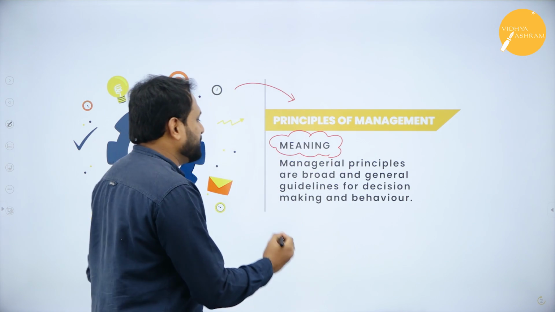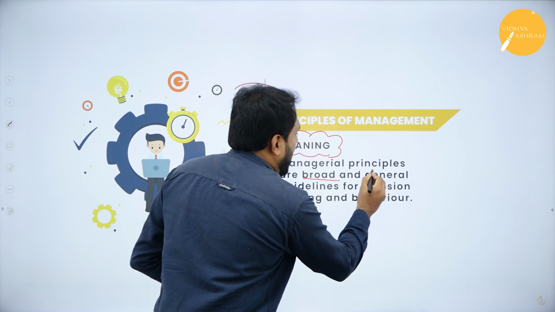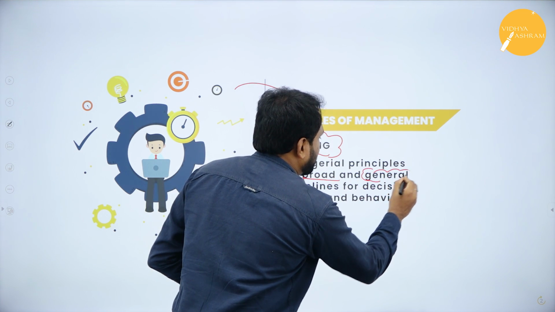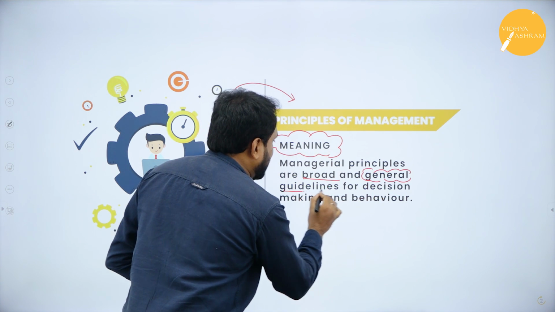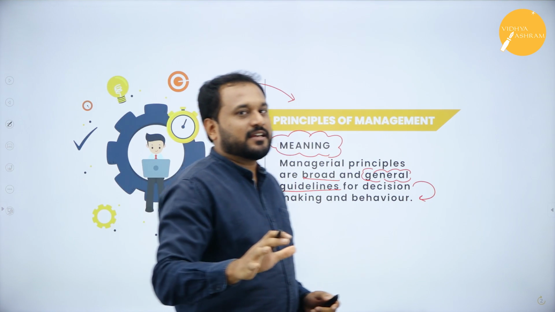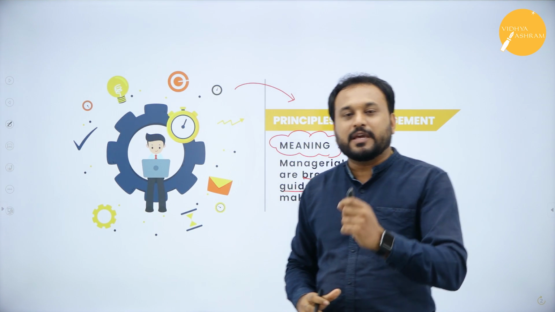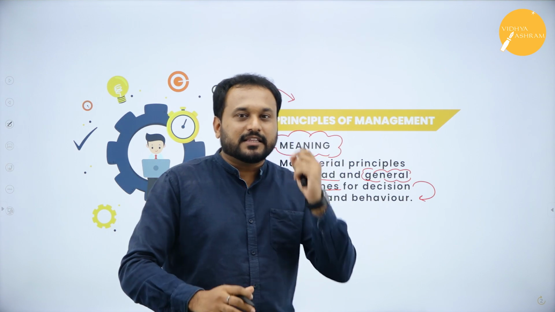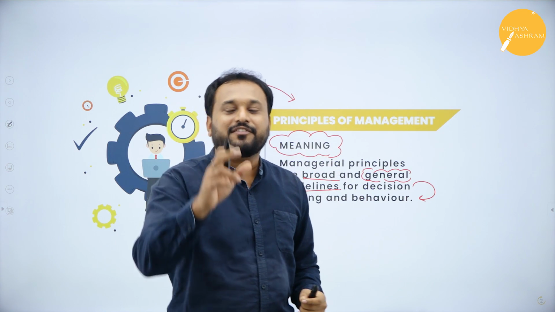That's why principles are very broad and general. They are general guidelines for decision making. If your principles are good, your directions are good; if the directions are good, your life is beautiful.